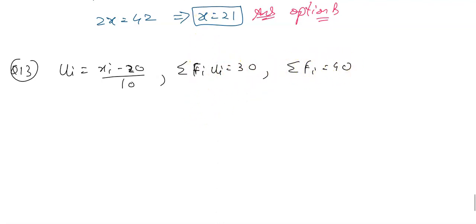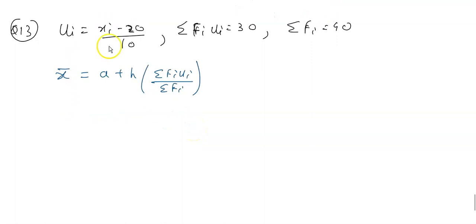Then the value of x bar, we are supposed to find x bar. So from the step deviation method we know that x bar will be equal to a, that is the assumed mean, plus h into summation fi ui upon summation fi, right? So h will be over here 10, and the assumed mean is 20.